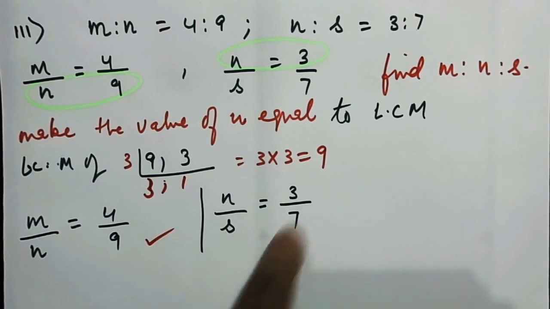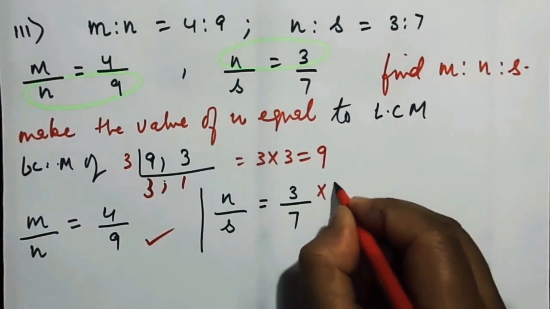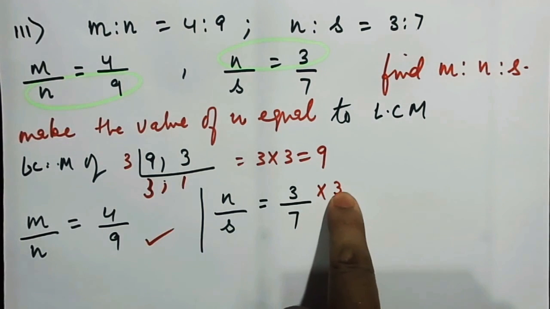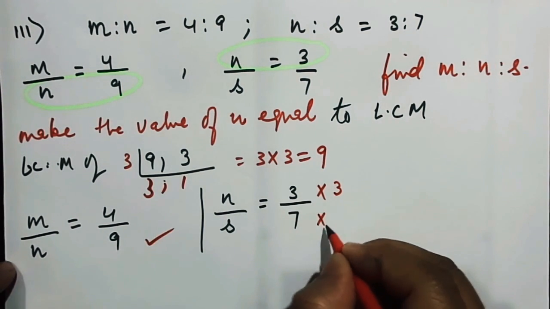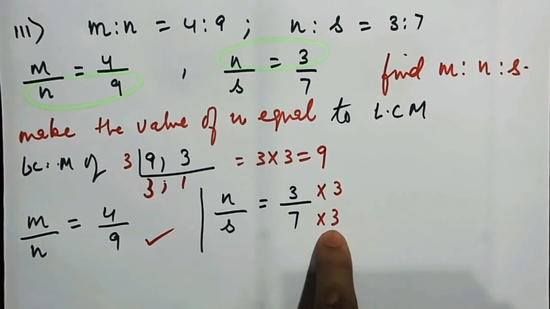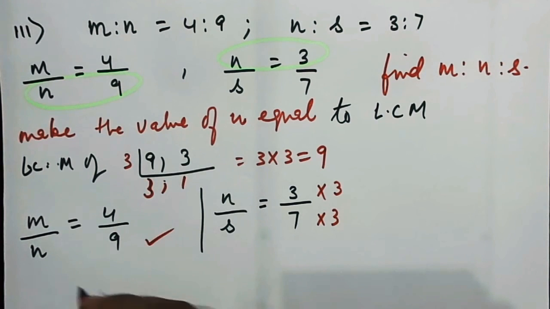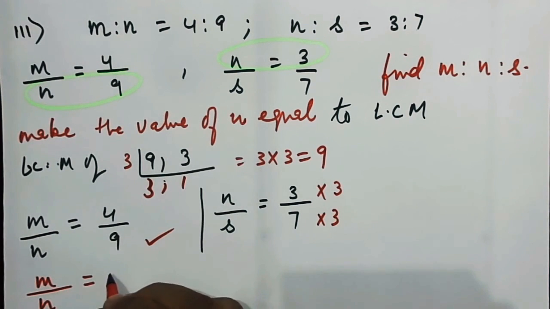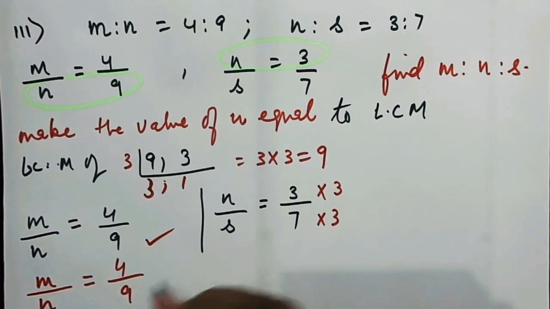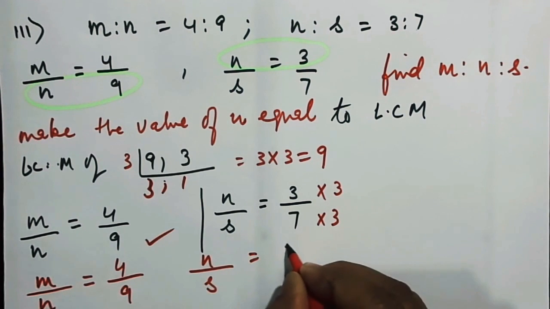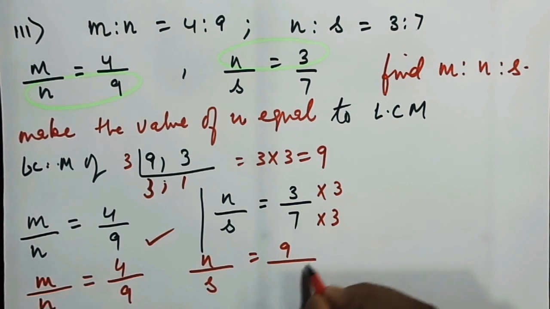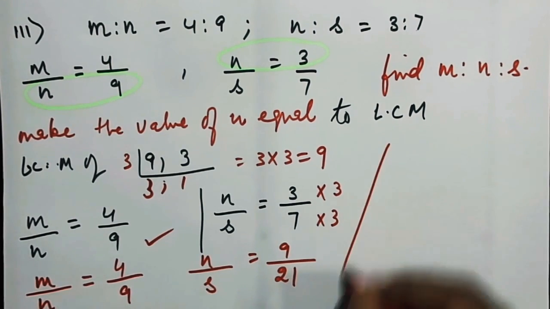And here n is 3, so I will multiply by 3 in order to get 9. I have to multiply the denominator also by 3. Therefore, m by n is equal to 4 by 9 and n by s is equal to 9 by 21.